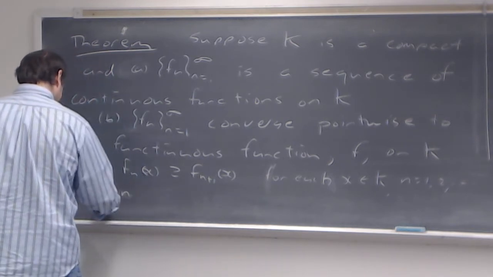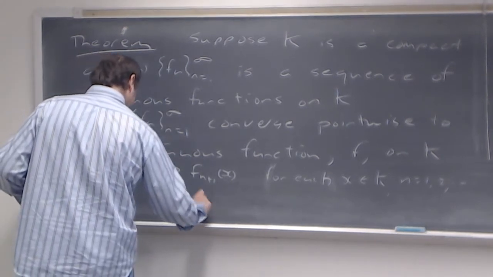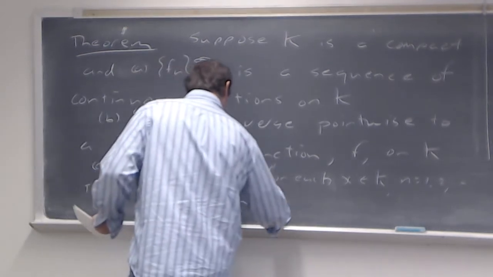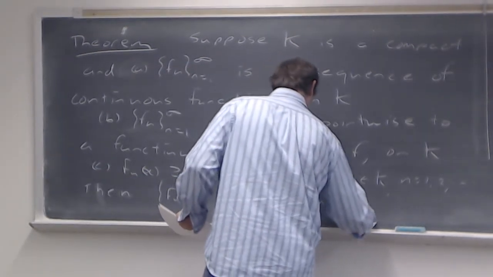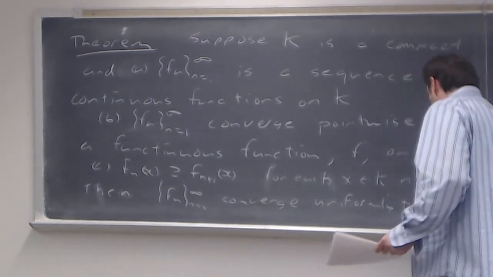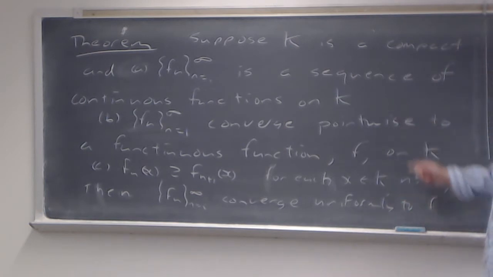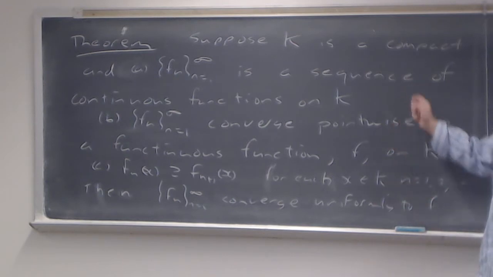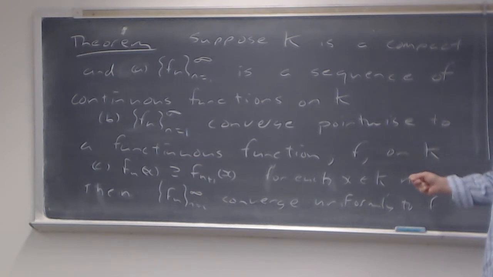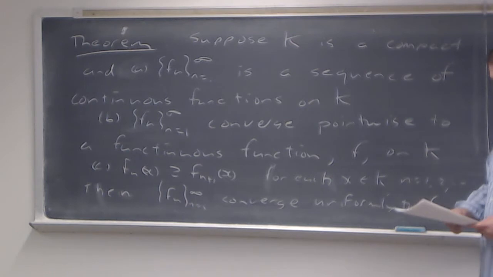Then our conclusion is that the sequence f sub n converges uniformly to f. So in essence, we can get uniform convergence if we know that the sequence is continuous on a compact set, converges pointwise, and is decreasing for each x. And we get uniform convergence.